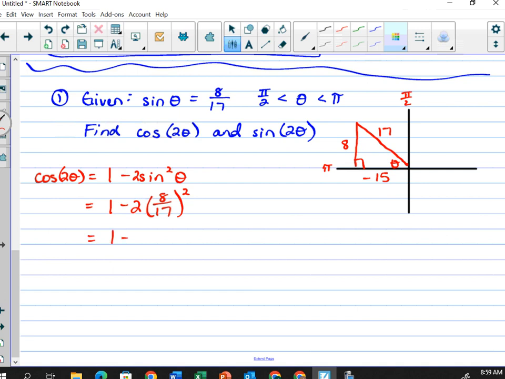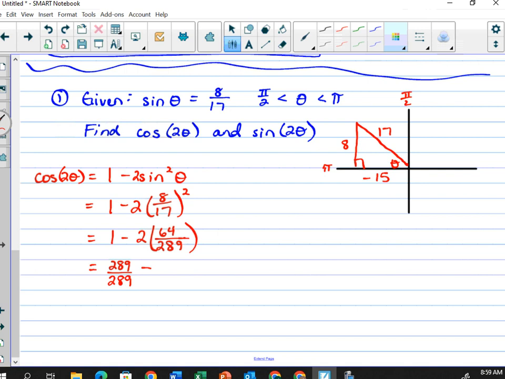All right. What is 8 squared? 64. Okay. 17 squared. 289. Okay. Next piece. What is 2 times 64? Okay, and I'm going to turn this 1 into 289 over 289.